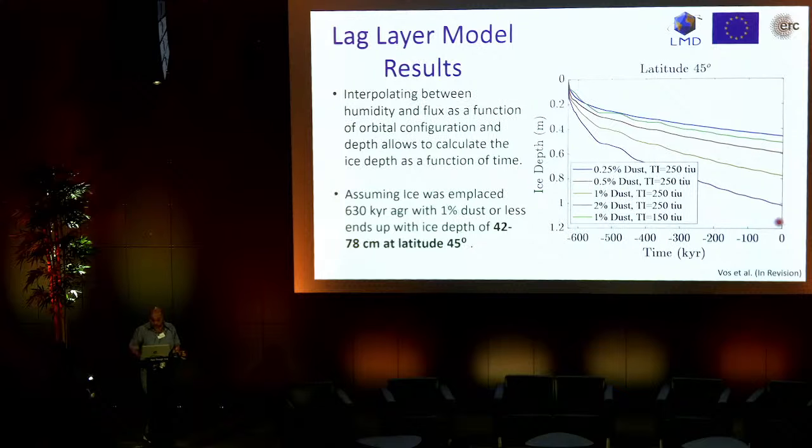You can see the difference between 2 and 1 on 250 thermal inertia units, which is a lot, and it's only 20%. When you have higher dust, you bury it faster, and the flux decrease is faster. You drop to depths of 20, 30 centimeters quite quickly, and then it mellows down and becomes almost flat.